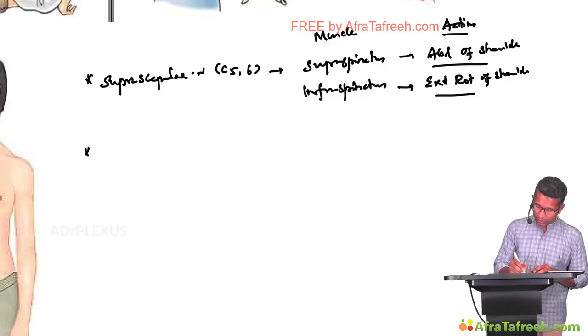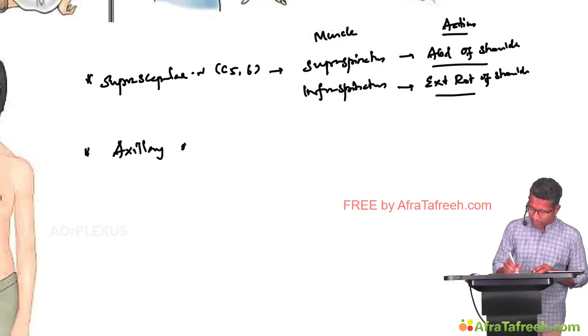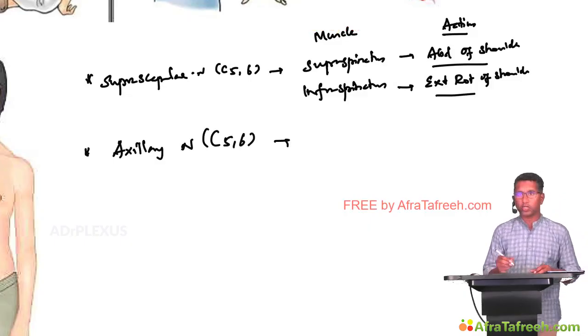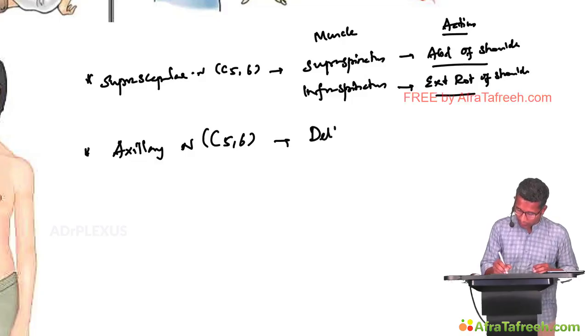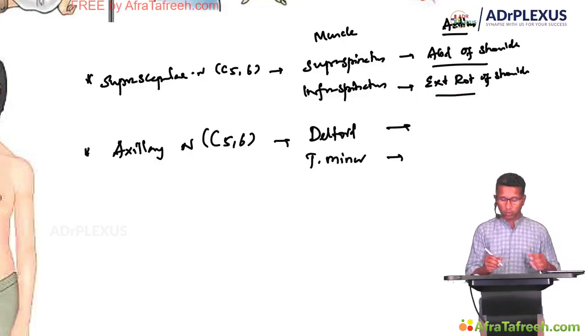The next nerve which has a root value of C5, C6 is the axillary nerve. You all know that the axillary nerve supplies the deltoid, and another muscle supplied by the axillary nerve, which we just saw, is teres minor. Again, both have actions similar to what we saw above.